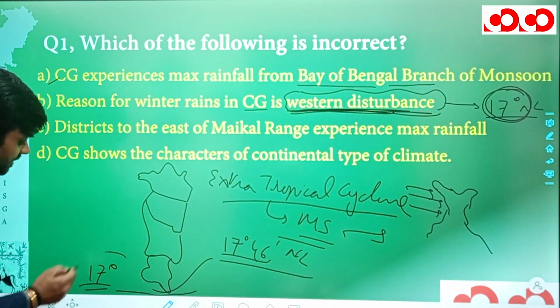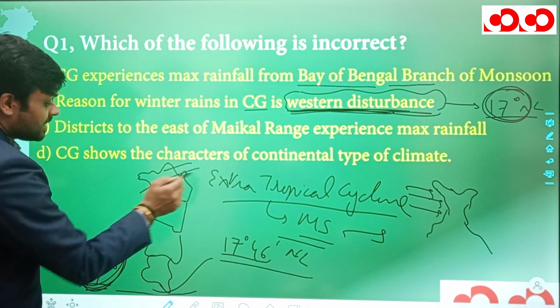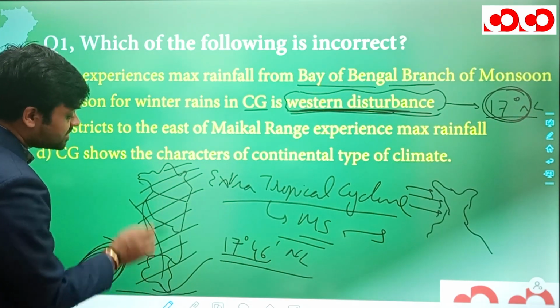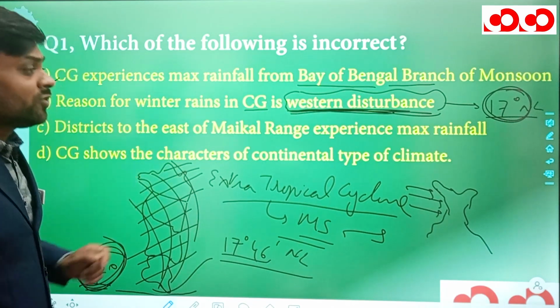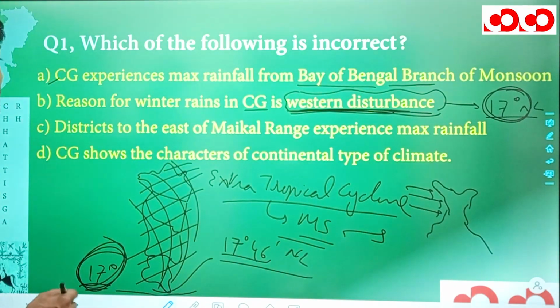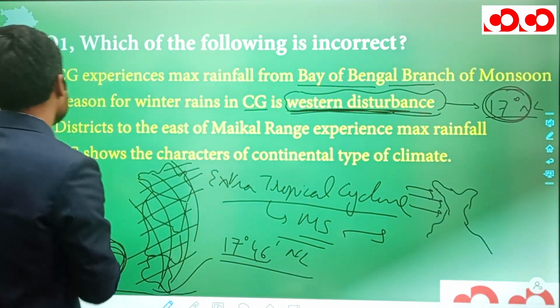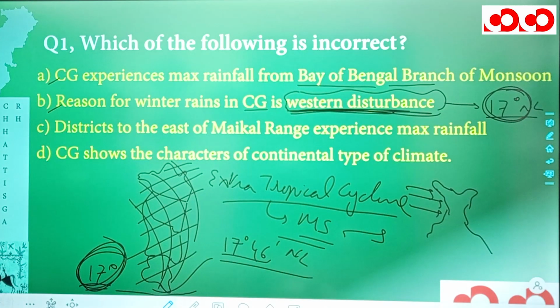So you can actually presume this 17-degree northern latitude will pass even further down south than Chhattisgarh, and hence this Chhattisgarh area can actually be impacted by western disturbance. This is what we can actually deduce. So looking into these references, we can say that winter rains in Chhattisgarh do occur because of western disturbance, and hence this option B is also correct.